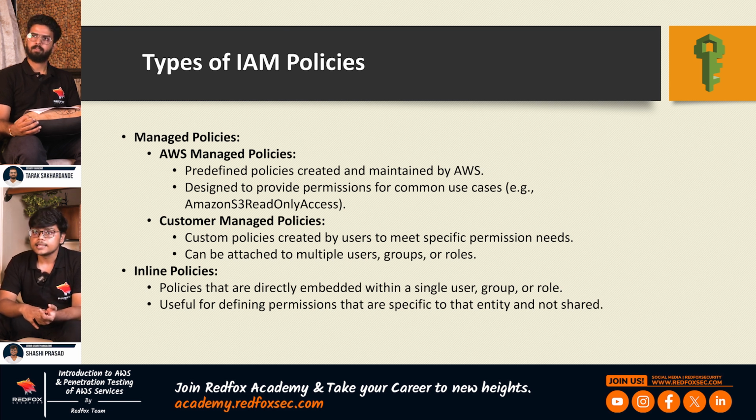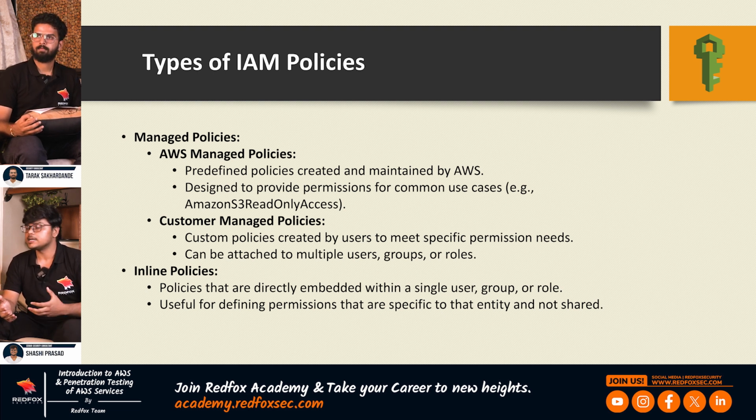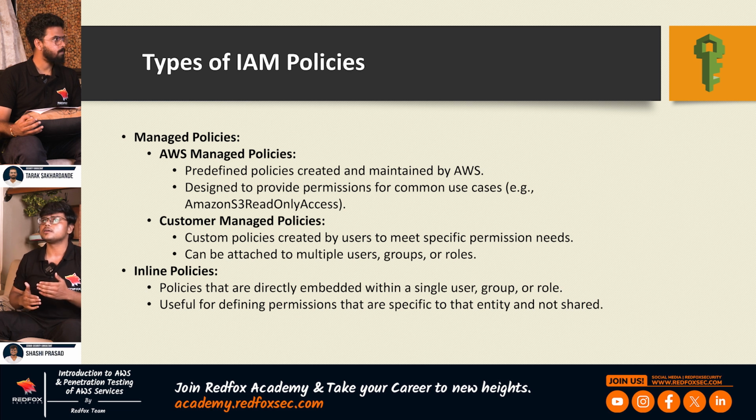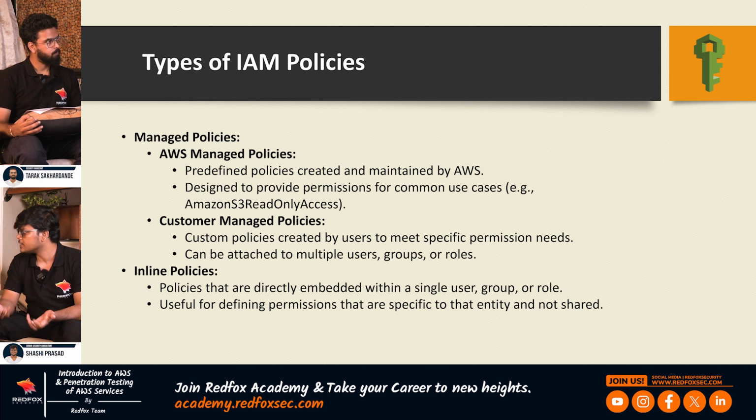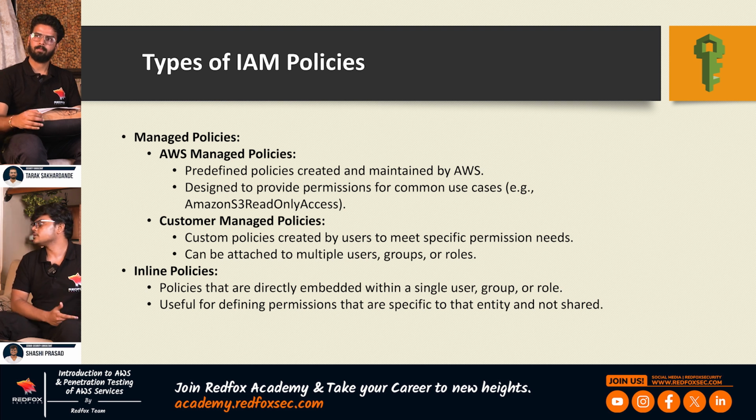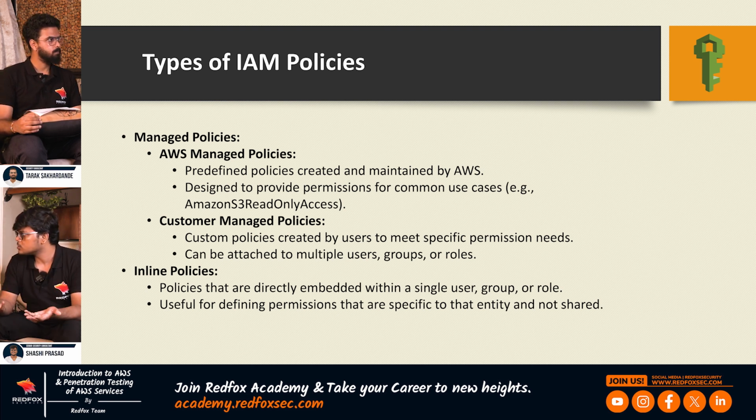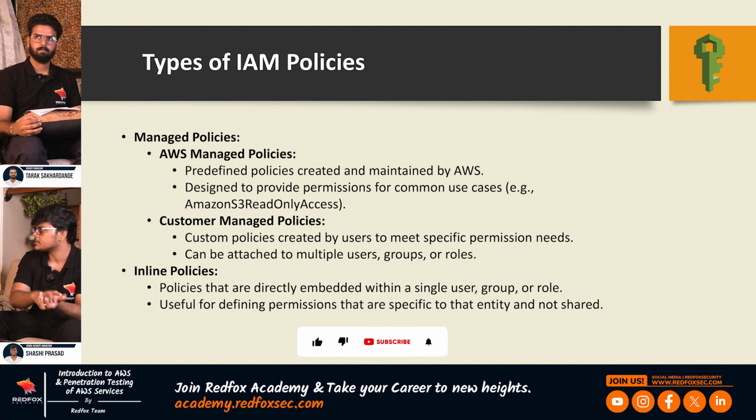Then we have customer managed policies. These are generally used for customizations to the AWS policies. Let's suppose you are not happy with the permissions defined in a managed policy and you want to customize it according to your need. At that time, you can opt for customer managed policies. This policy you have to create.